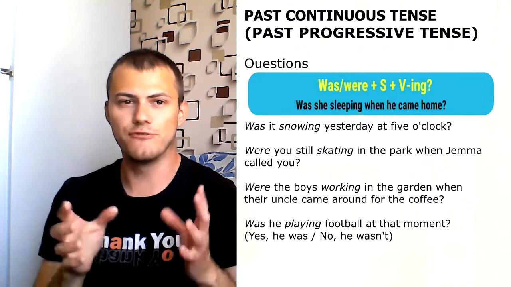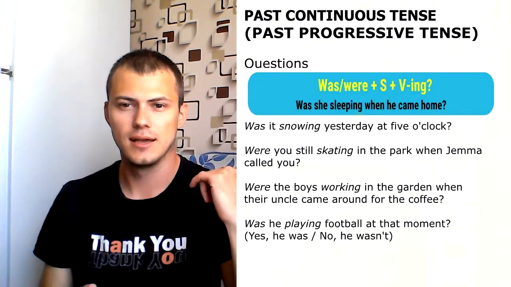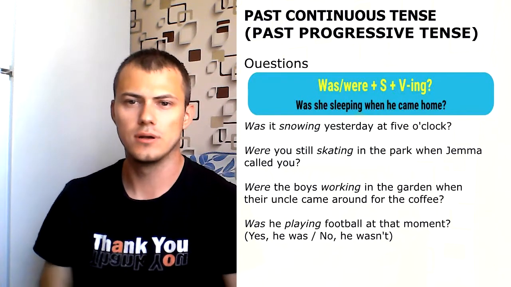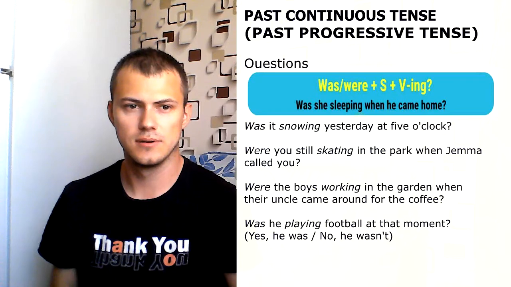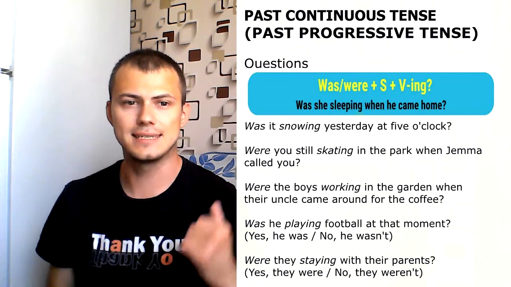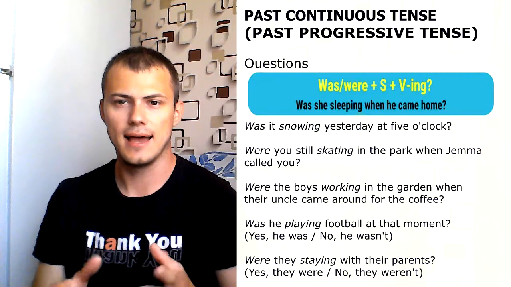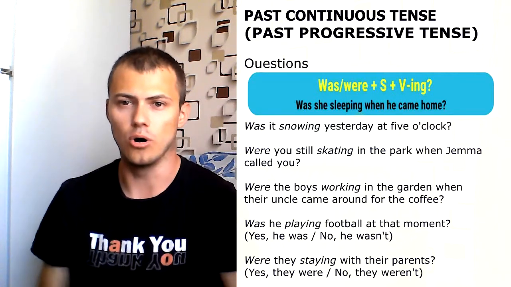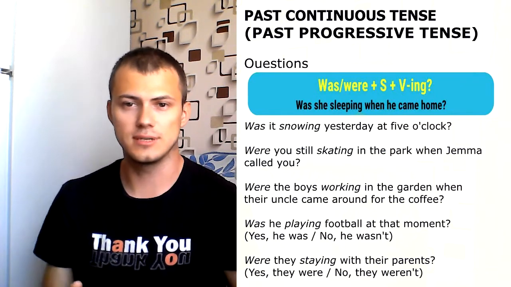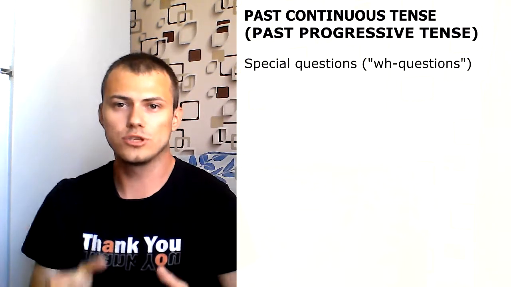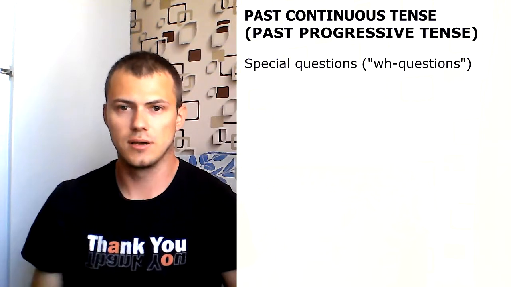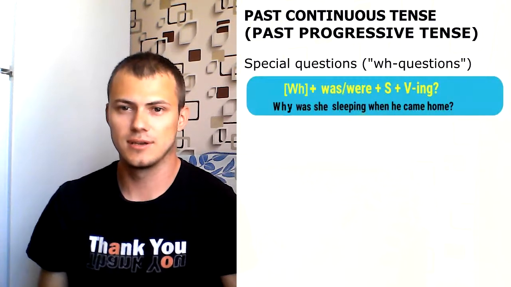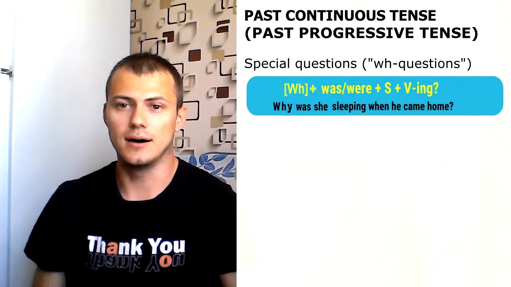Was he playing football at that moment? And the possible answers are yes, he was, or no, he wasn't. Were they staying with their parents? And the possible answers would be yes, they were, or no, they weren't. We also can make special questions, also known as WH questions, if we need some more information in answers.